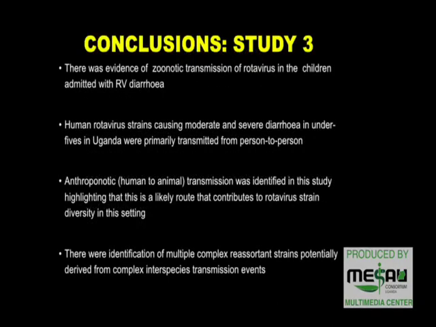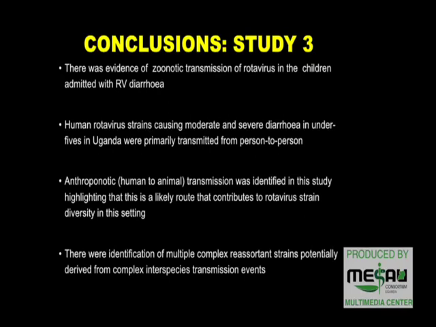So in conclusion, there was evidence of possible zoonotic transmission of rotaviruses in the children admitted with rotavirus diarrhea in our setting. Since we're looking at children with moderate to severe diarrhea, we think that most of the rotaviruses seen in the children may be primarily transmitted from person to person.